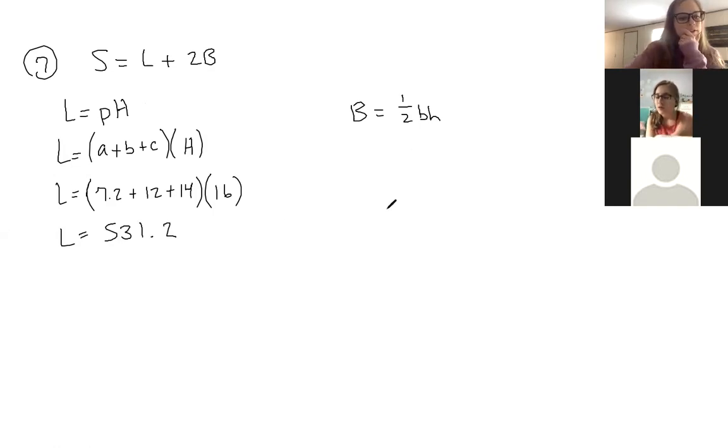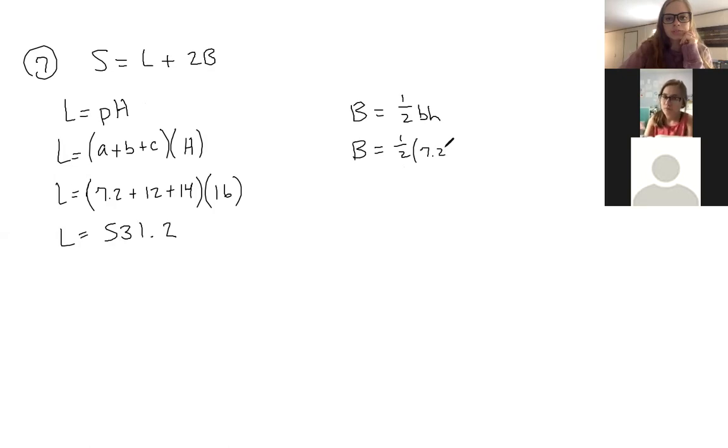All right. Now let's find the area of the base. Again, it's a triangle, so now we're using the area of a triangle. 1/2 times, what's the base of the triangle, Ethan? 7.2.